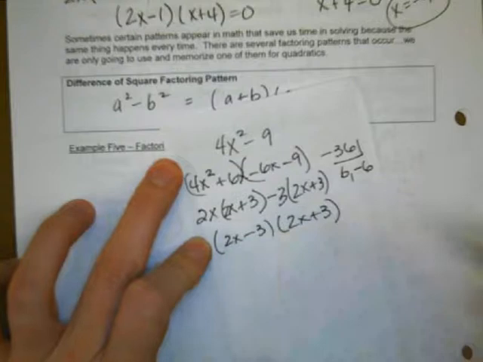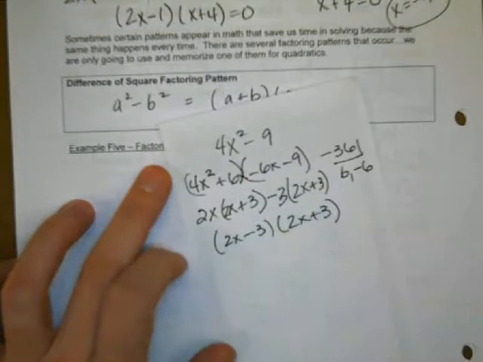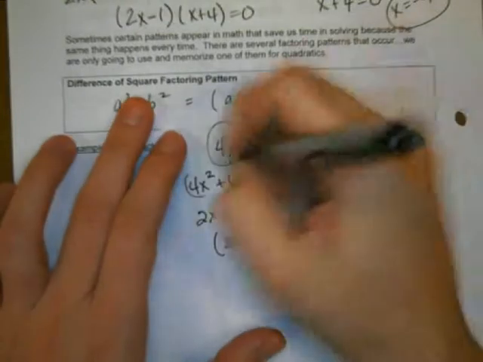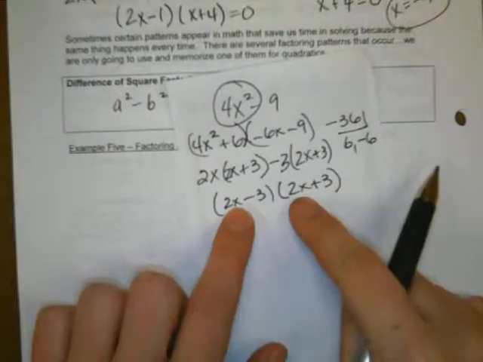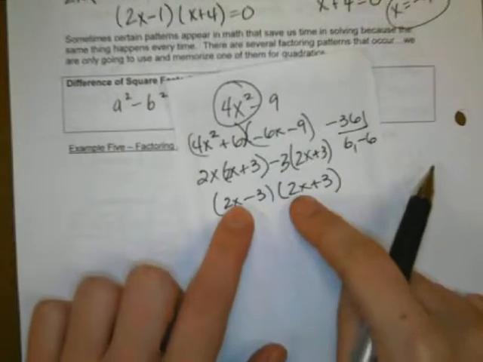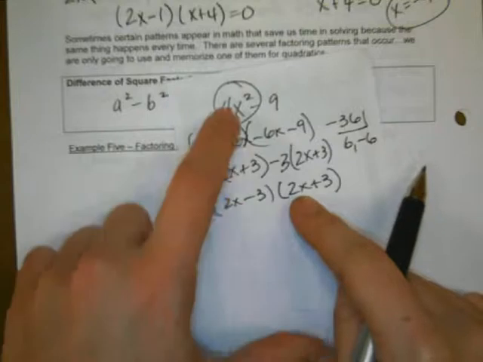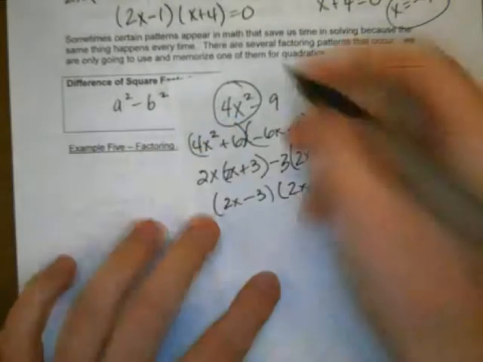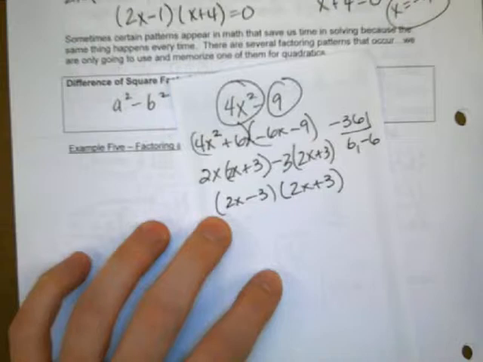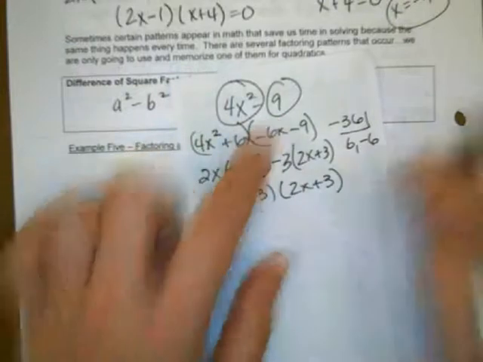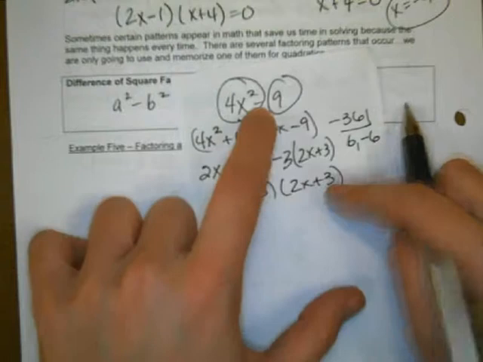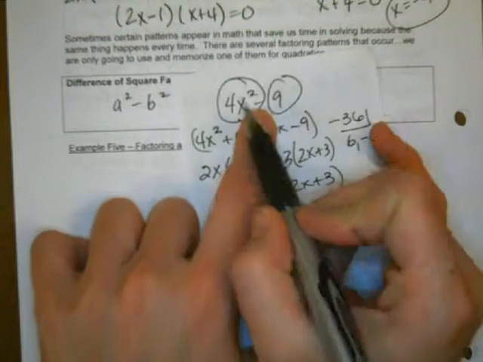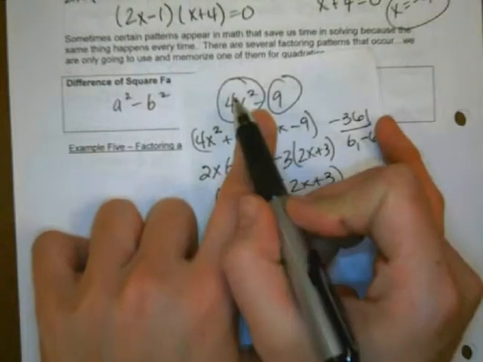Now, something that I want you to notice is that your first term was 4x squared. The first term in both parentheses at the bottom is 2x, which is the square root of that. And my second term was a 9, and the square root of 9 is 3. That pattern will always happen if you're subtracting two things that you can take the square root of, which in this case you can.